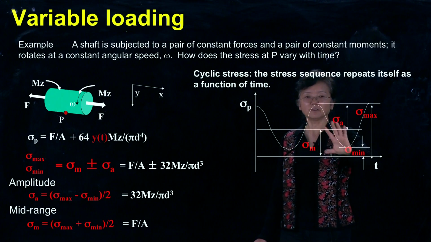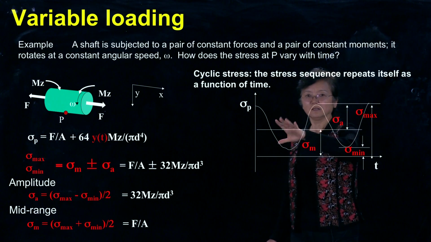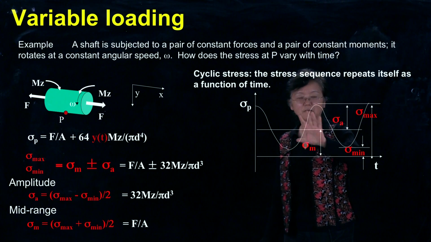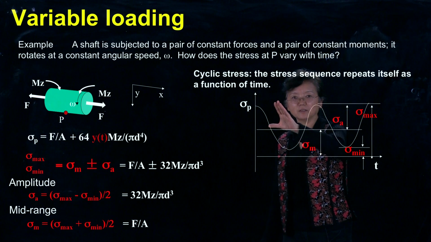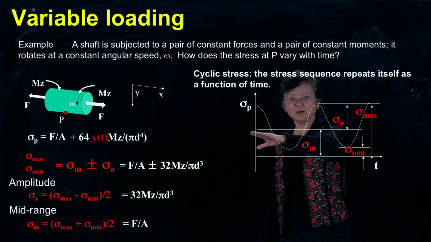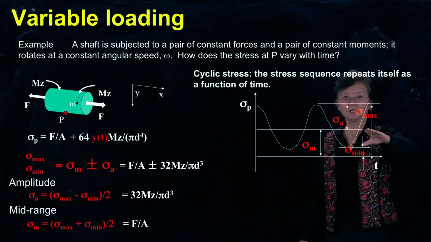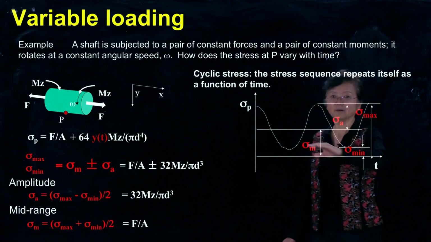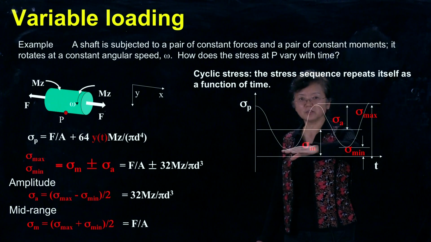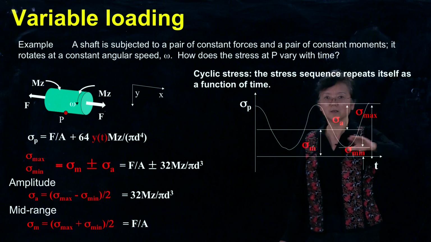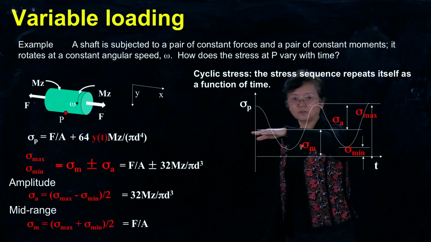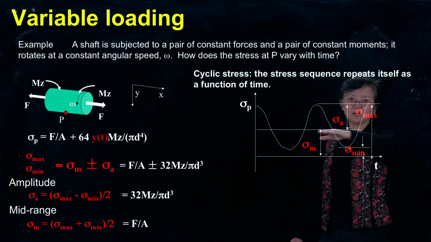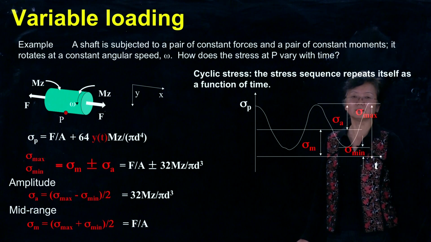For this case, you can see that the physical meaning of this diagram is that the bending stress is on top of a constant tensile stress. This bending stress changes completely like this, but the stress due to this uniaxial force is basically a constant.